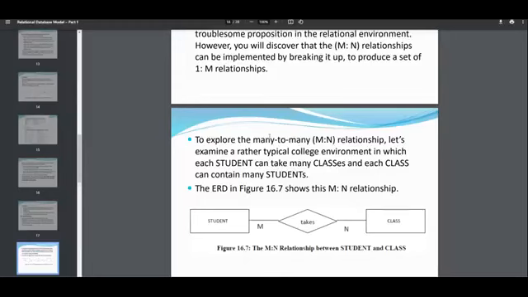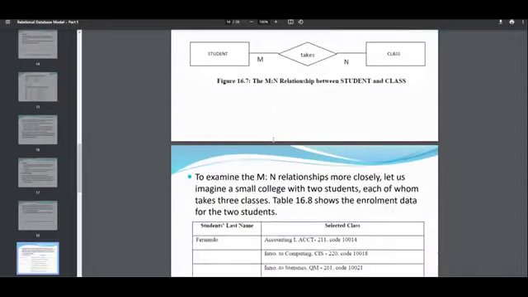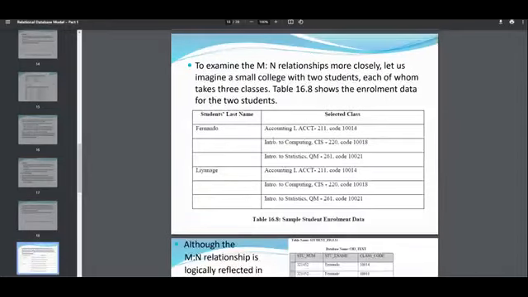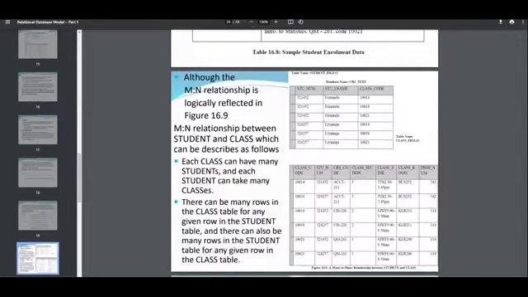We have gone through one to one, one to many, and finally we have come to many to many. And the tables look this way.